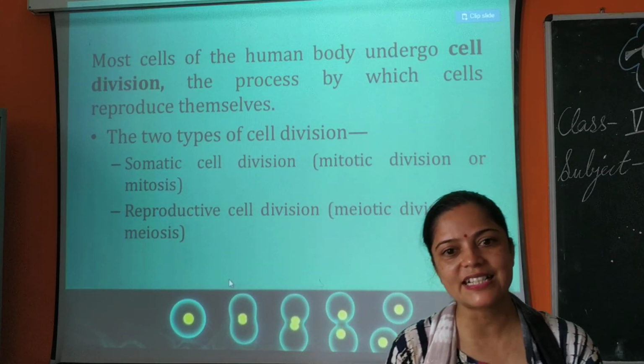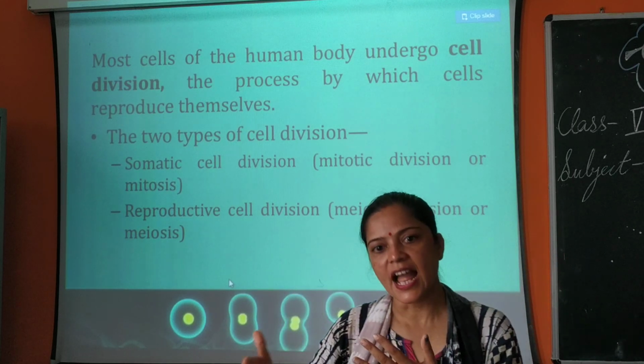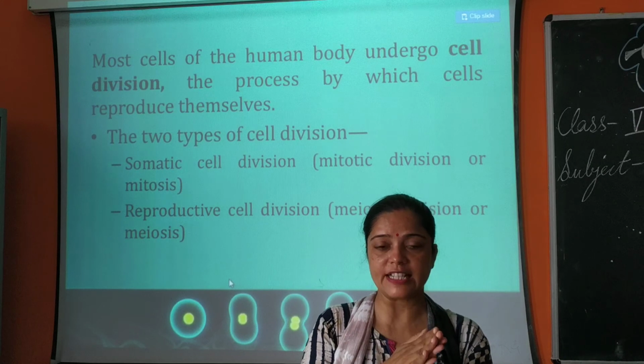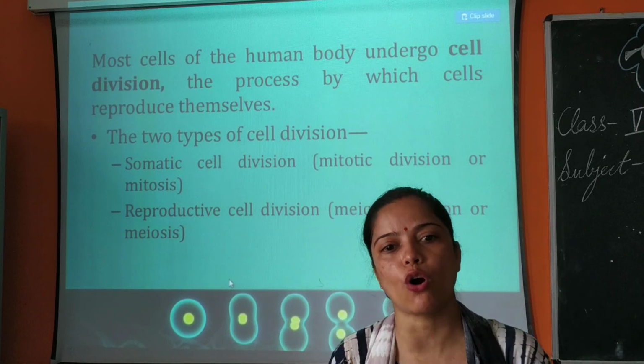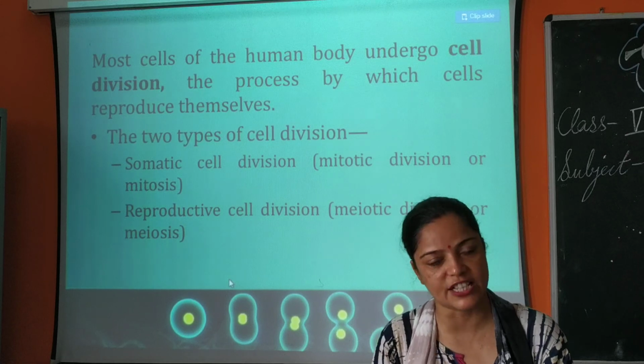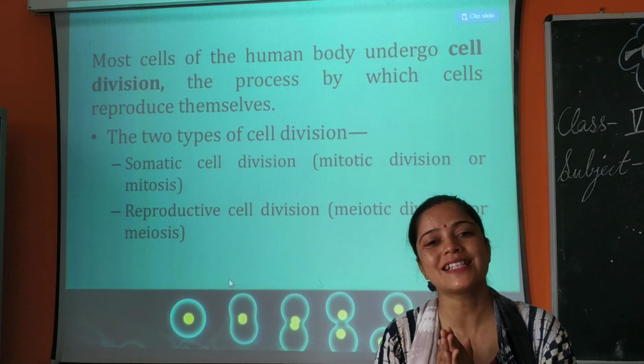A parent cell divides and forms two or more daughter cells. This process is called cell division.